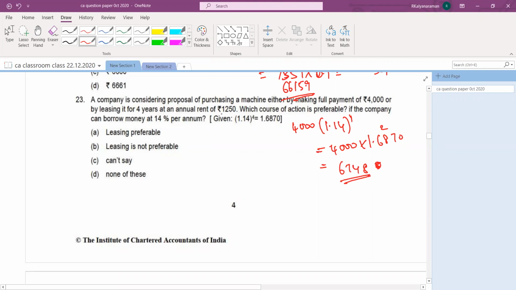Whereas if you take it as leasing, it is 1,250 into 4, which is 5,000. I think this is always preferable. So leasing is preferable. So this is the answer choice.